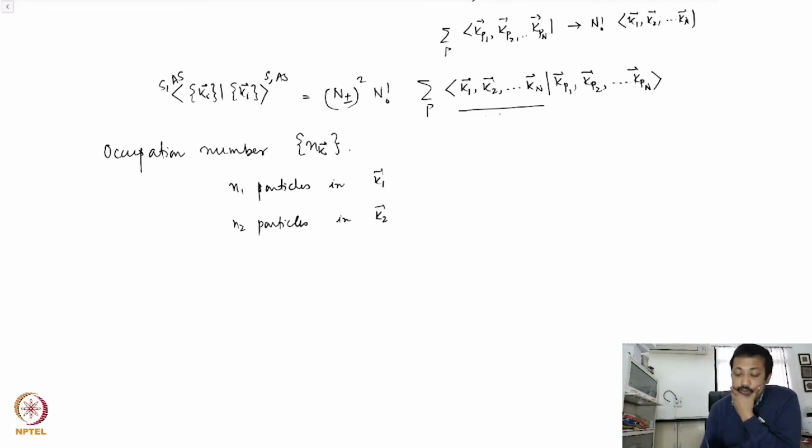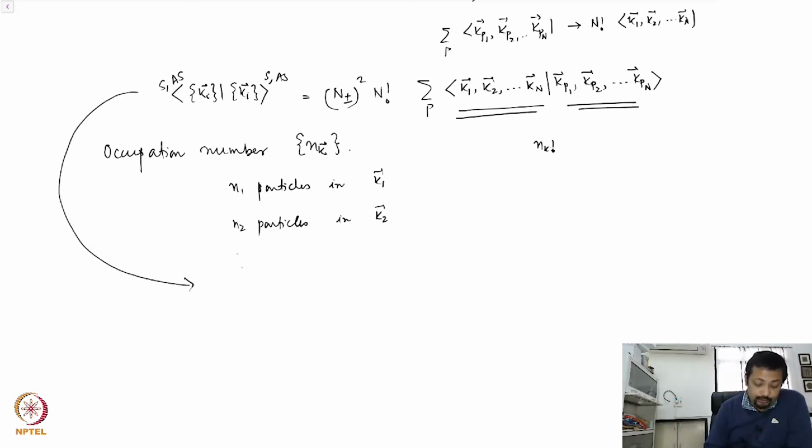Now here you note that this inner product is 0 unless it corresponds to the original unpermuted order, and that only happens in nk factorial times, the number of particles which are there in the level.